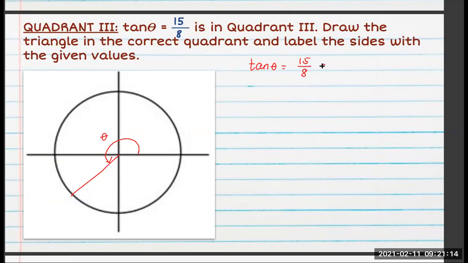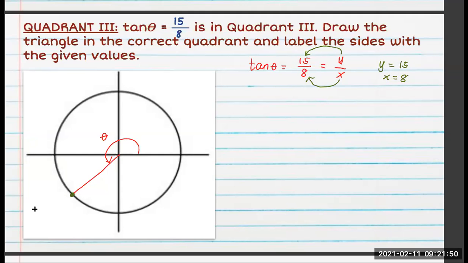And we know that tangent is y over x, which follows that y is equal to 15 and x is equal to 8. I'm missing something here.